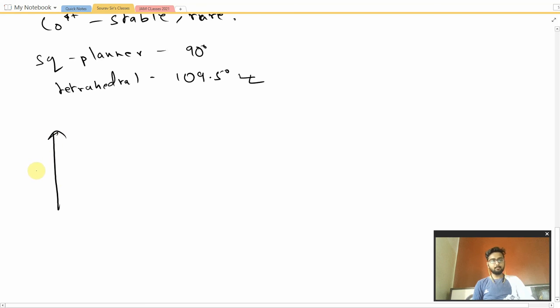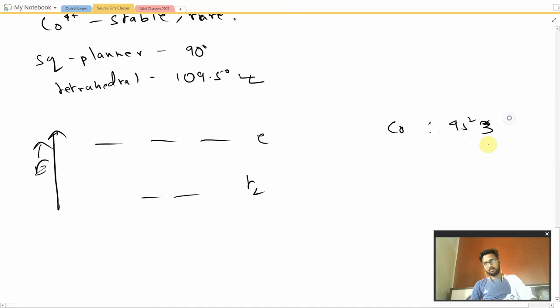This is E, and this is T2. I'm sorry, this is E and this is T2. Okay, so the cobalt 4+ system is taken. We know that cobalt is normally a 4s2 3d7 system, but in this case we have 4+, so cobalt 3d5 would be present.